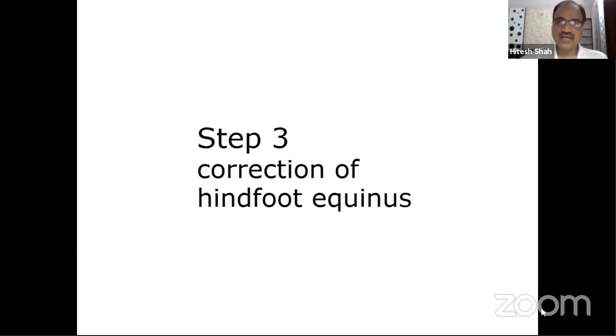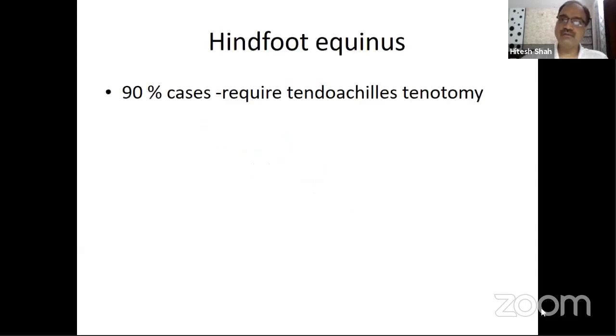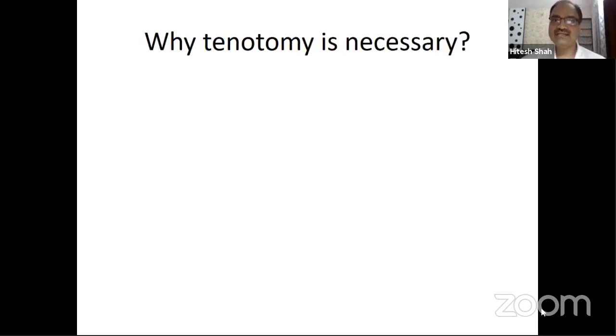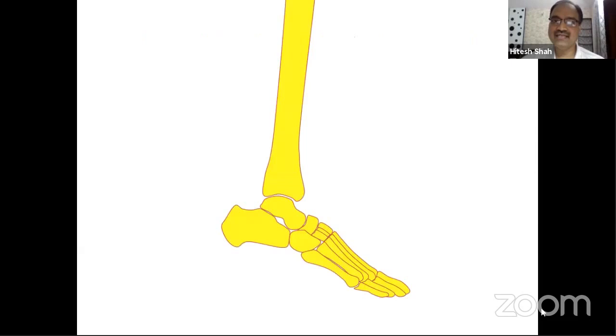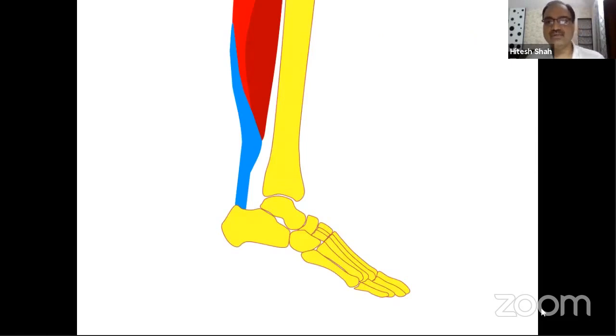Most of the children will require a tendo-Achilles tenotomy. Why is the tendo-Achilles tenotomy necessary? Because the hind foot equinus is related to the tendo-Achilles, the strongest tendon in the body, and it tends to pull the calcaneum up.